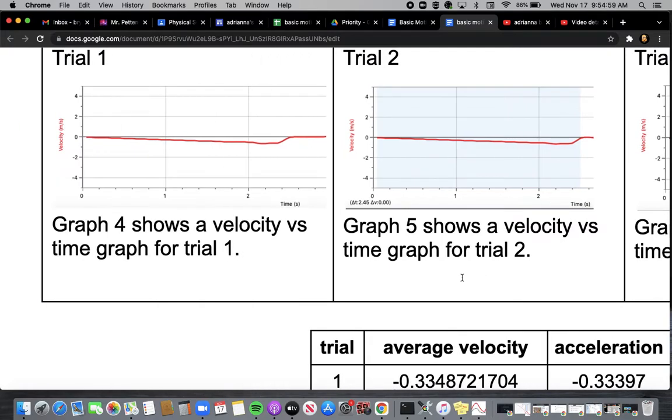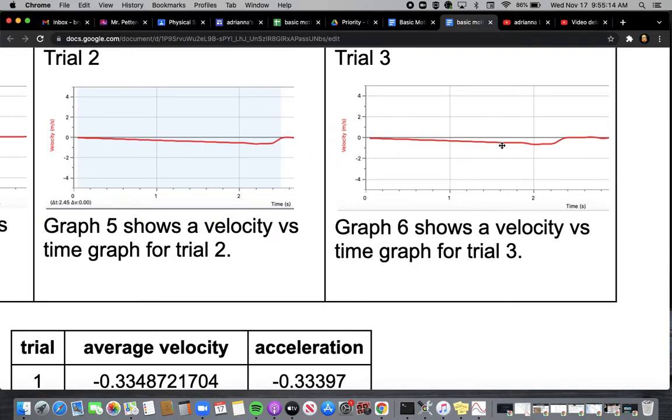Alrighty, the velocity shows that it gained acceleration as it ended, and then when my partner stopped it is when it lost it. All of them lost it at some point. This one's a little more wobbly than the other ones.